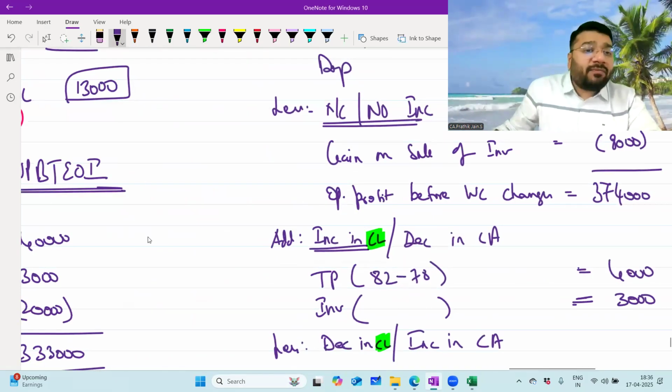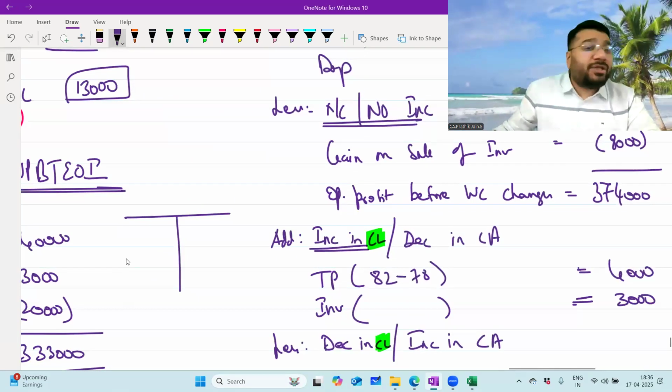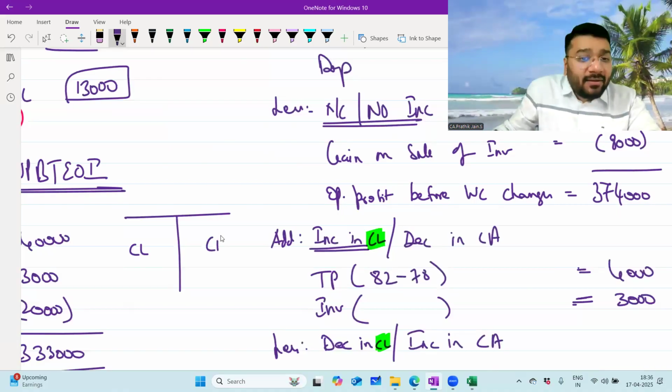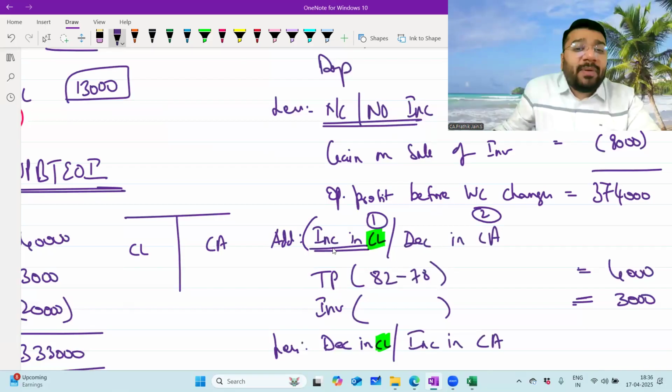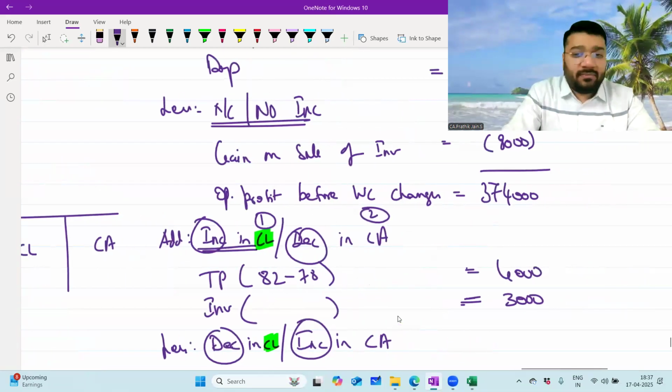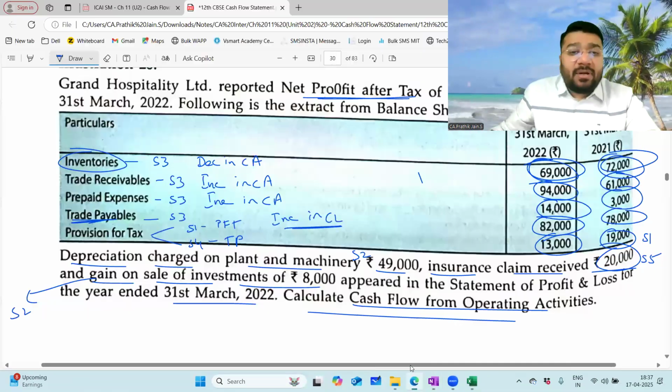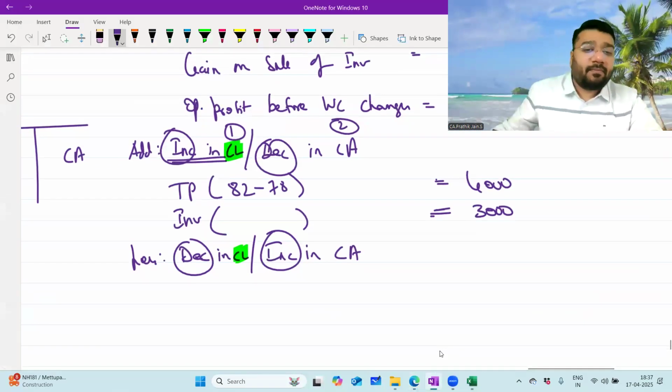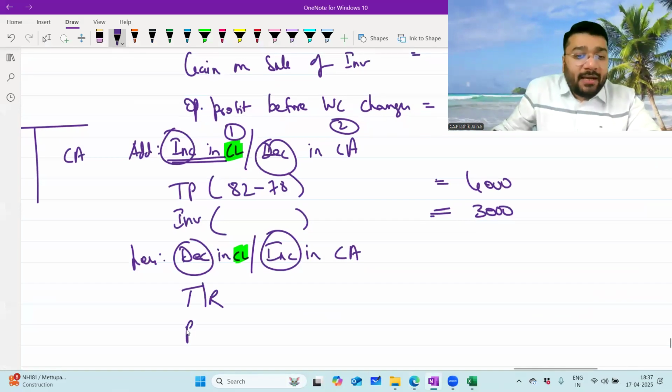In the T-shaped balance sheet, first you have current liability, then current asset. So first increase, then decrease; decrease, then increase. Any decrease in current liability? No. Any increase in current asset? Yes, trade receivable and prepaid expenses.